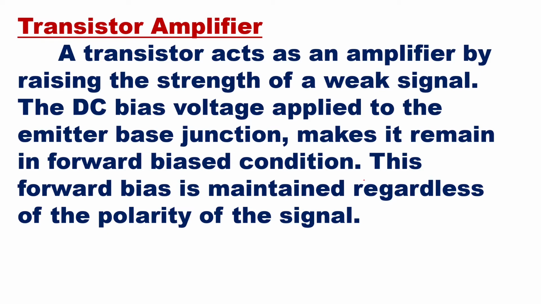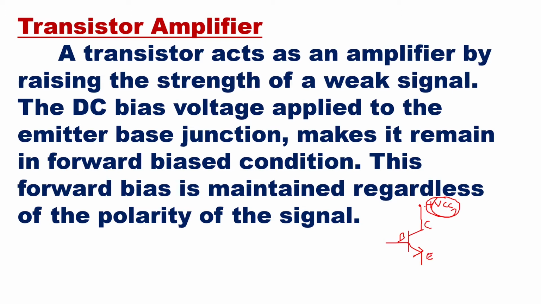So what we are saying here is, whenever we are going to use a transistor as an amplifier, say we take a common emitter configuration. Here we are going to apply a plus VCC supply to the collector of the transistor, and this is base and this is emitter.